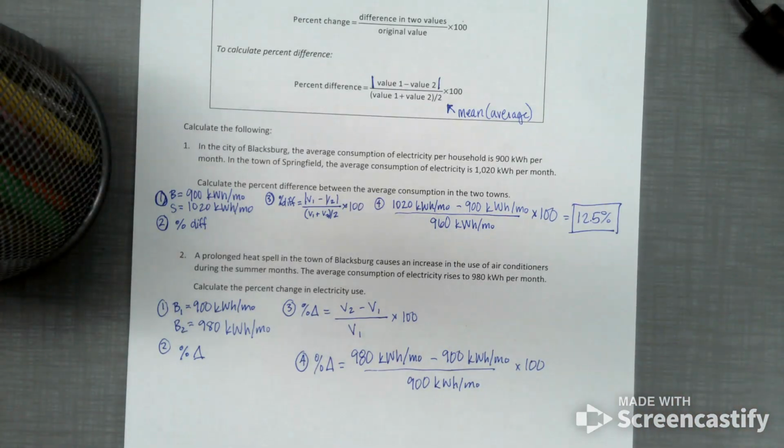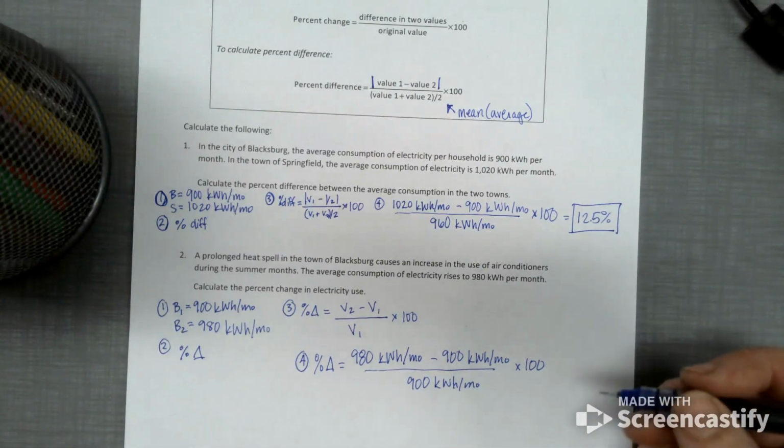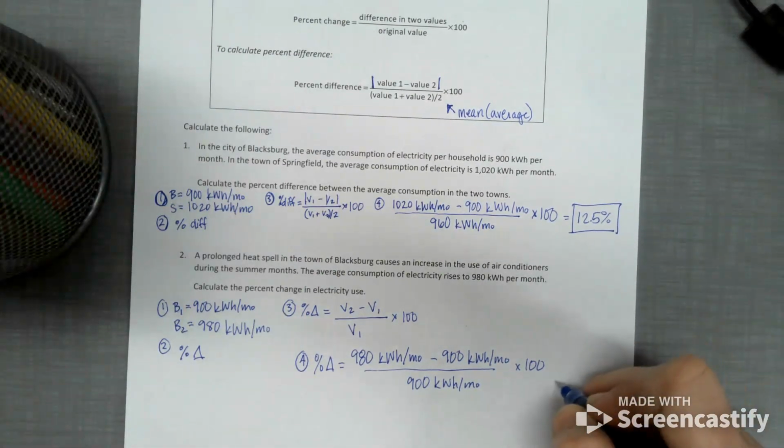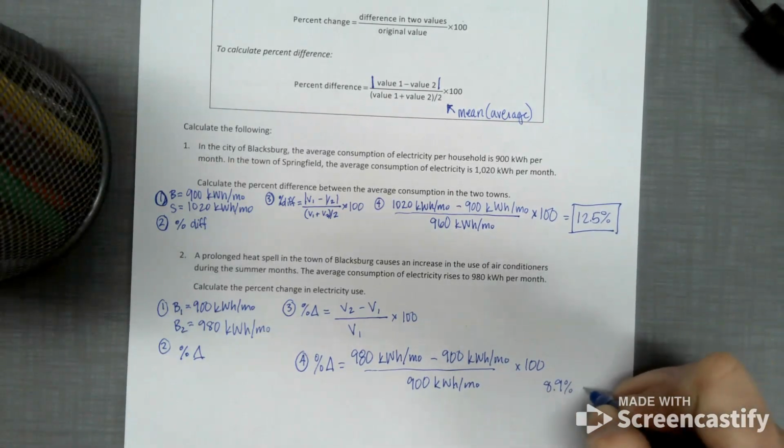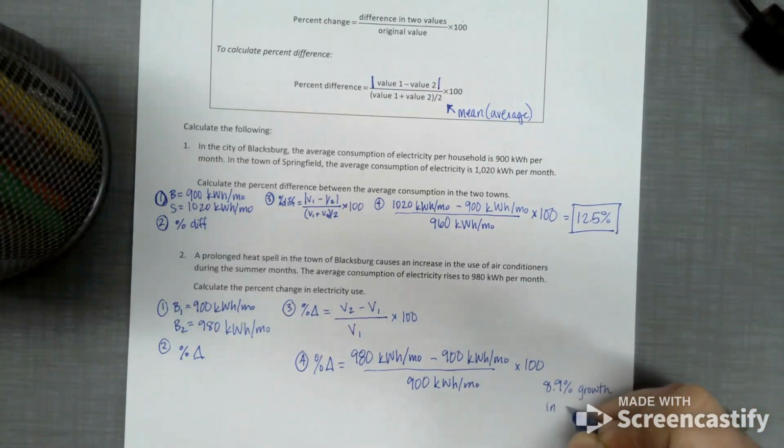So you've got 80 divided by 900, multiply that value by 100. And so you should end up with 8.89% or 8.9% growth or increase in electricity consumption.